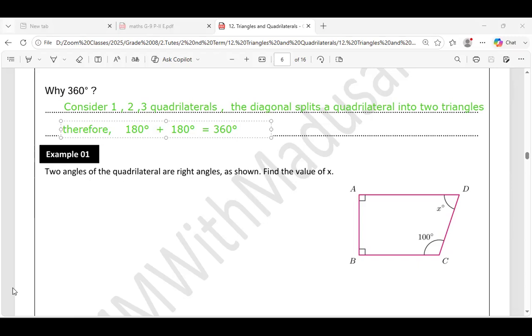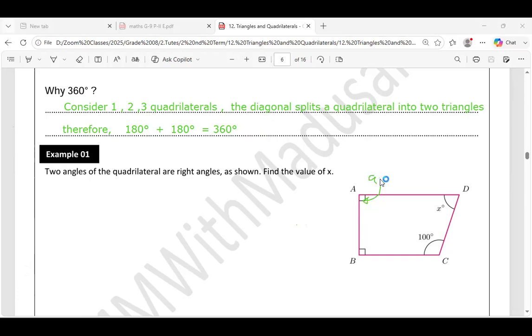So let's do this. For an example, let's take example 1. I am going to explain. Focus on the screen. I will use the green one. Can anyone tell me what is the value of this angle A? 90 degrees.